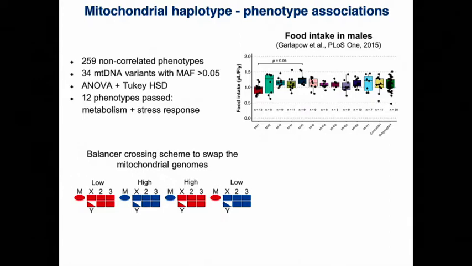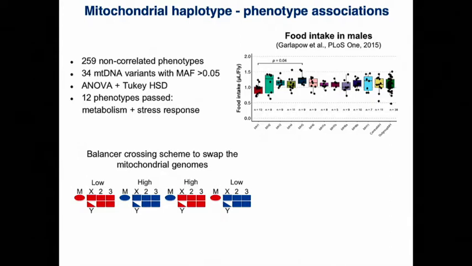And then, of course, vice versa. Here you have mitohaplotype 1 together with the nuclear genome of mitohaplotype 5. And then you compare that to the original genotypes, which are shown in this particular original plot. And this is not necessarily our data.